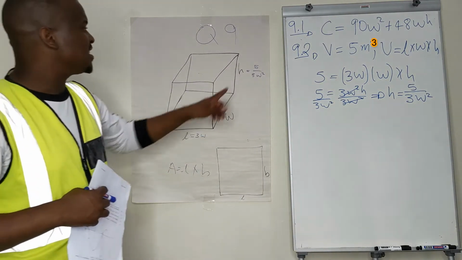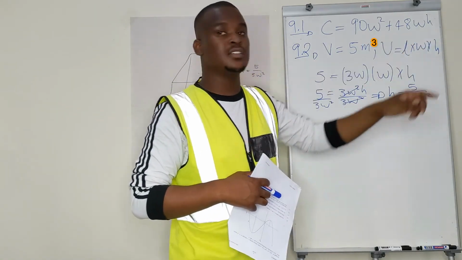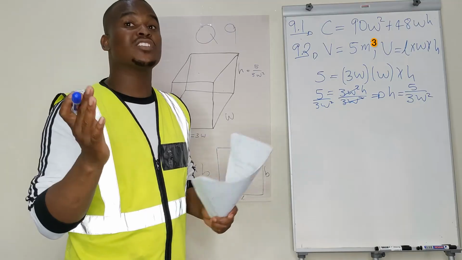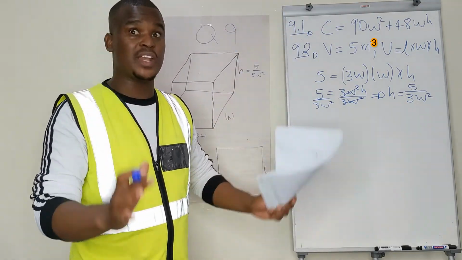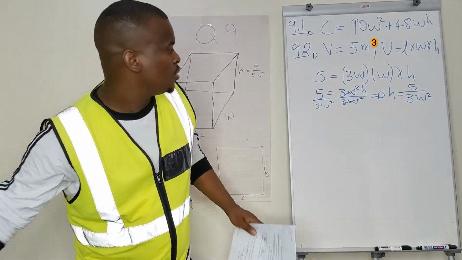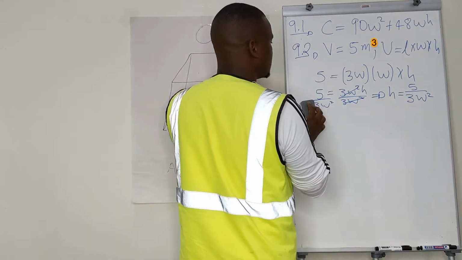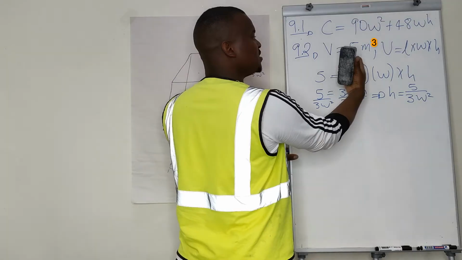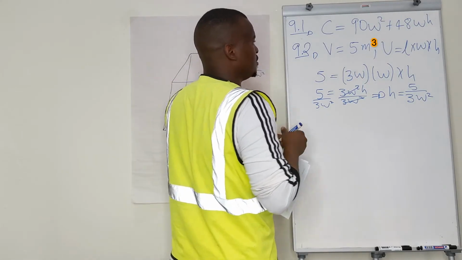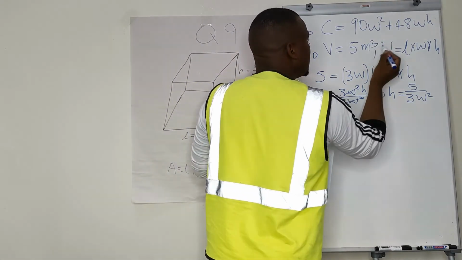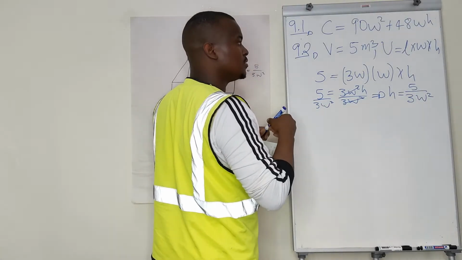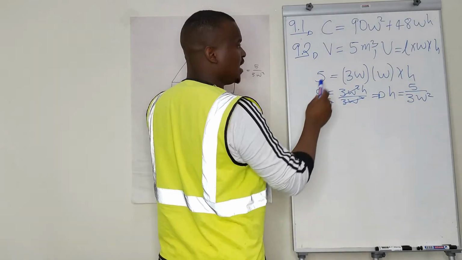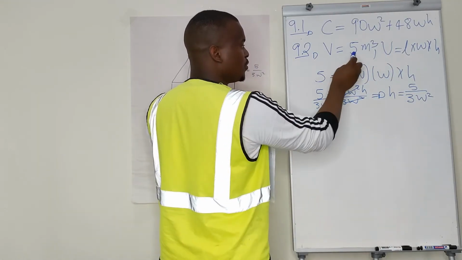So let's substitute our height into that cost equation, so that all our cost will now be a function of w. It will be dependent on w. So I'm going to wipe this so that we have more space. Hopefully you understand this: given that the volume is length times width times height, on your V, put your 5, which you were given.